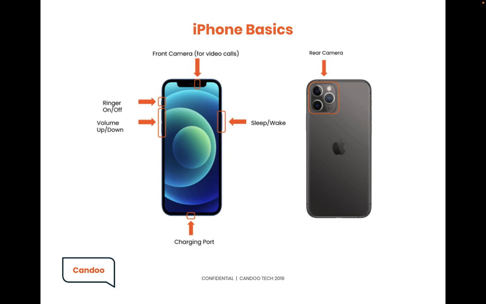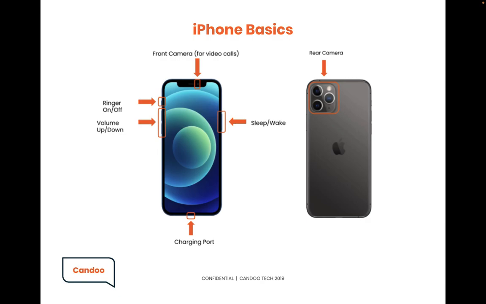This is what an iPhone will look like when you are using a newer model without a home button. Like we see on the left-hand side of the screen, the front of the phone really has the front camera. It has some buttons on the left-hand side for the ringer on-off, two buttons that are closer together for volume up and down.